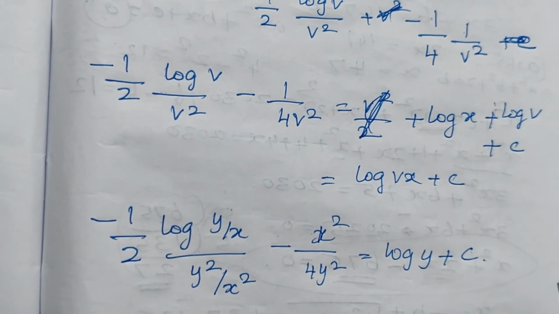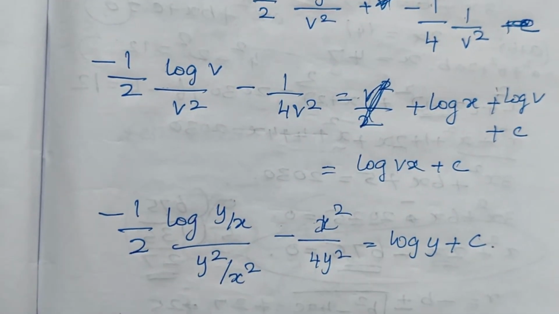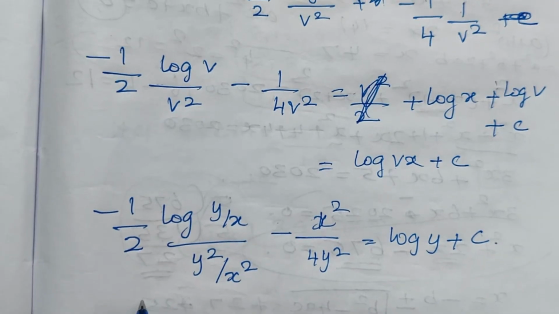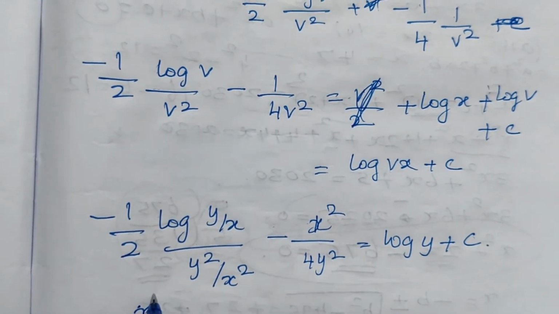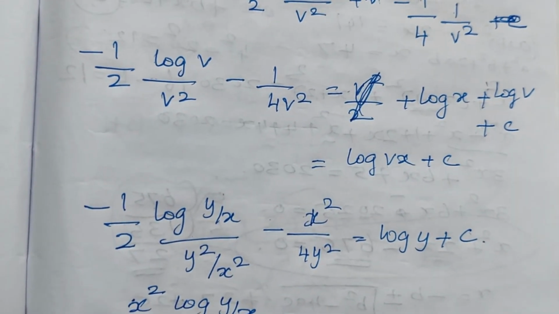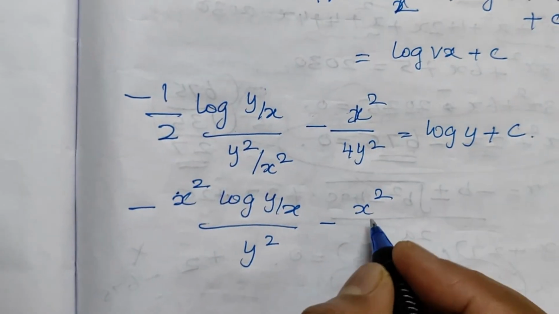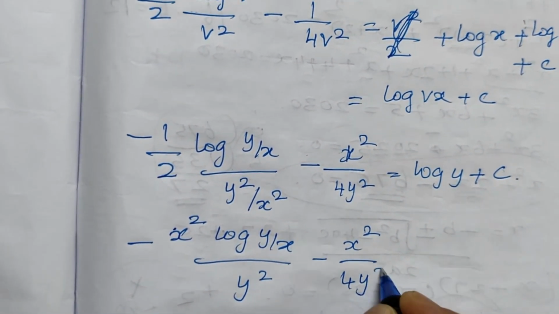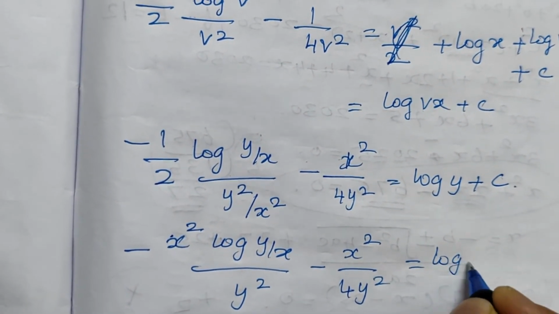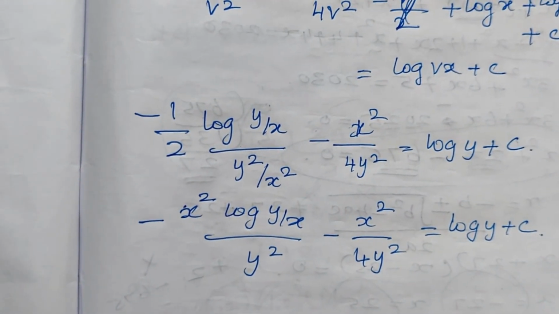Log y plus c. Now we have to bring this one to the next side, that is −1/2 x² log(y/x)/y² − x²/(4y²) = log y + c. Then you have to take the LCM.